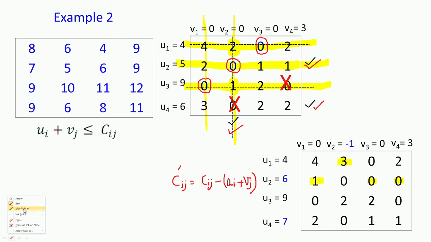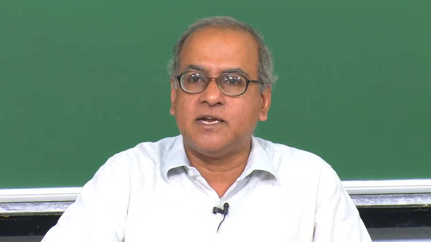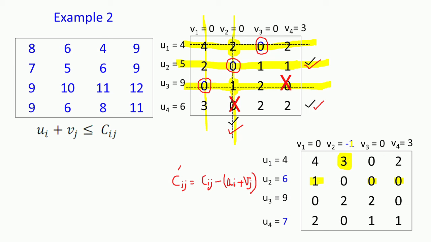For example, if we take this element, the 2 has become 3 here. So, let us see what happens. Now, this 3 is Cij minus ui plus Vj. Ui plus Vj is 4 minus 1, 3, Cij is 6, 6 minus 3 is 3. Suppose I take this 4 where no change has happened, ui plus Vj is 4, 8 minus 4 is 4.